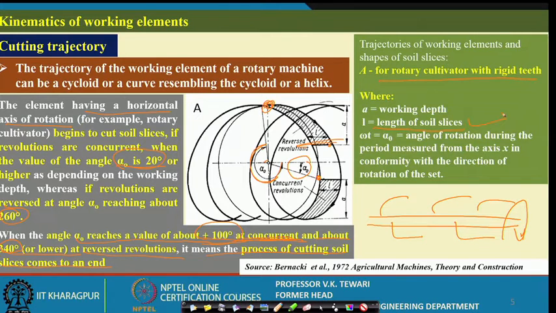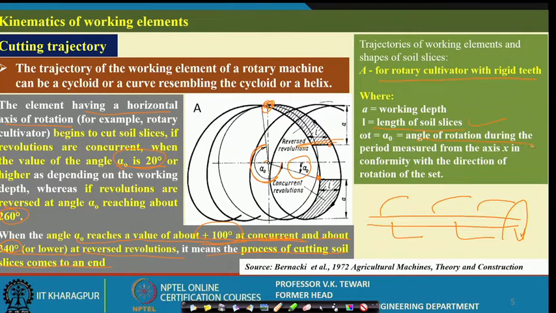Now, here it is the mechanics of how the soil slices are cut in the two different situations of the motion of the blades, whether it is an upcut or a downcut in the case of the concurrent movement. That means movement in the same direction, where u is in the same direction and v is also in the same direction.